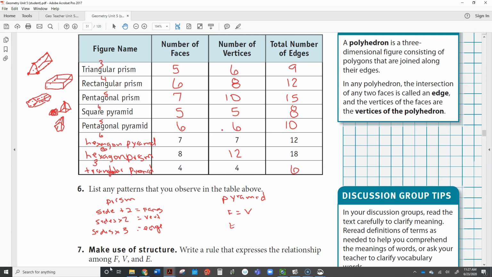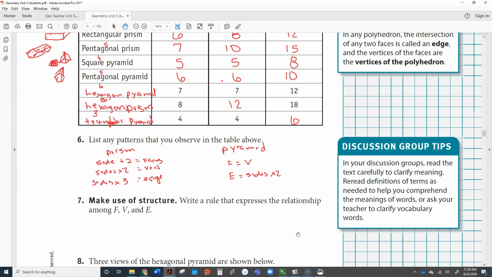And then edges, what was edges? Edges for a pyramid was sides doubled. Number of sides of the base times 2. All right, those are just some of my observations. You could maybe come up with a different one.